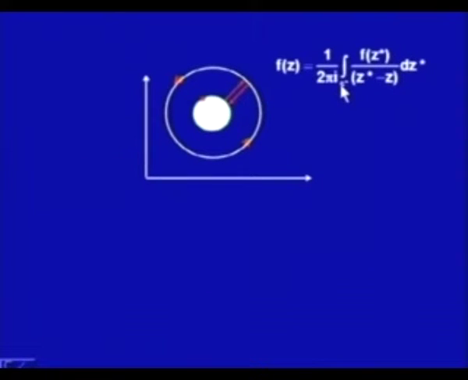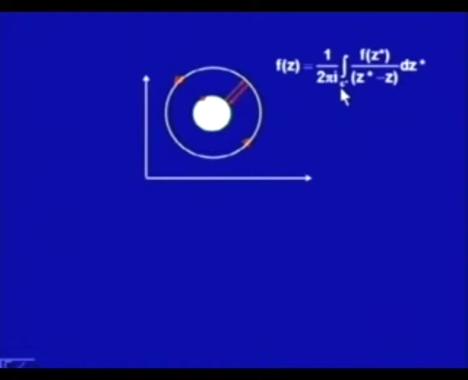Accordingly the C star, if we start from this point, will look like a closed curve starting from this point, moving along this line, then moving along the outer circle in anti-clockwise direction, then coming back to this point along this line, but opposite to this, and then moving along the inner circle in clockwise direction.